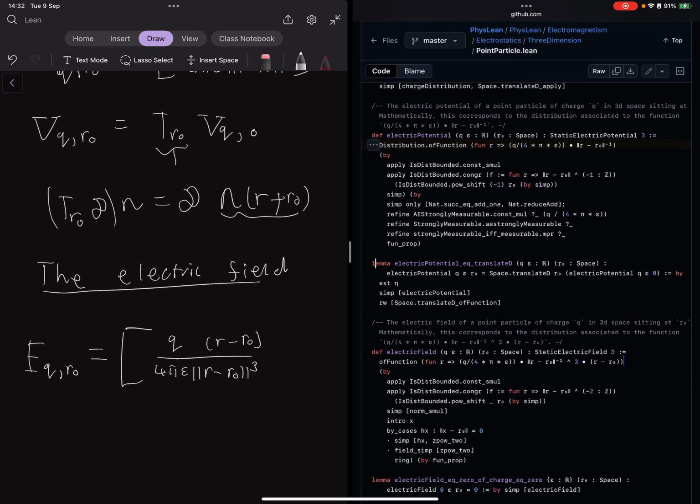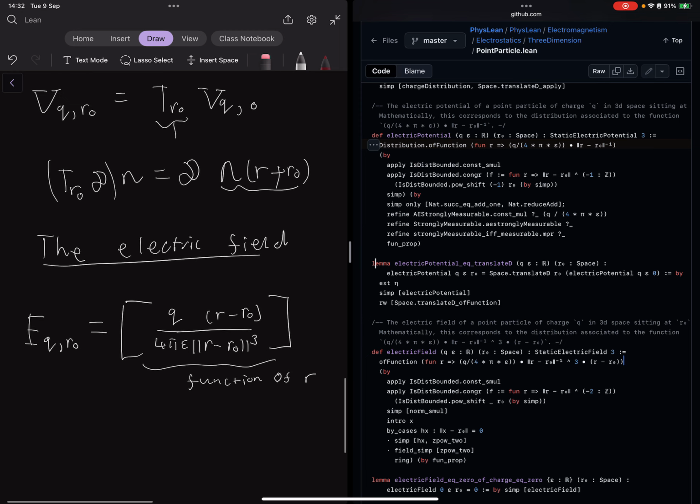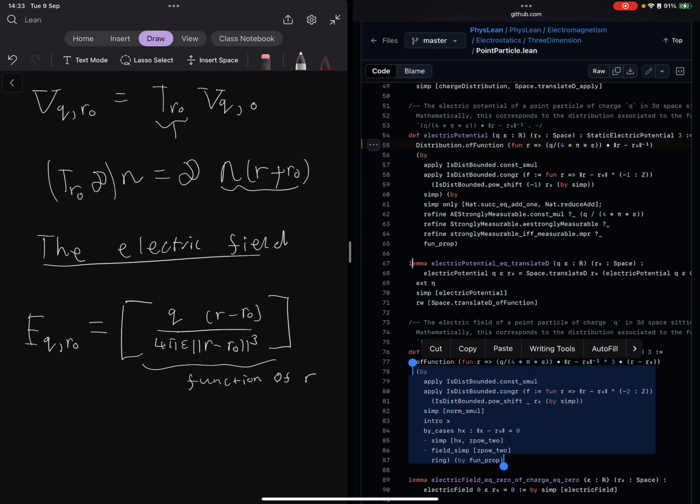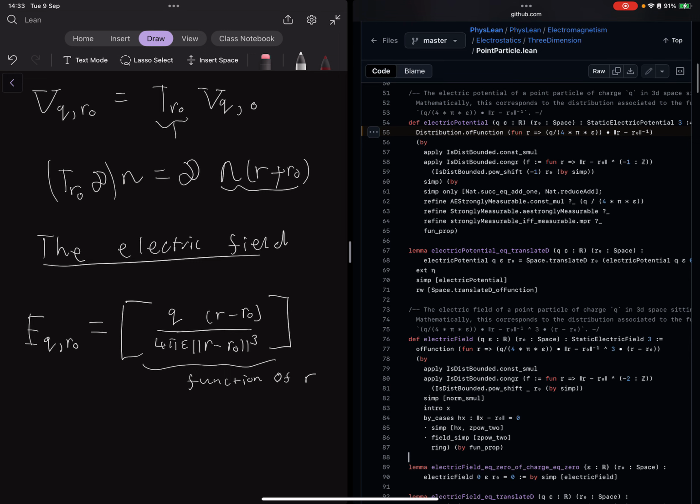So this is actually a vector quantity, and this should be considered as a function of r. So again, these couple of lines here are basically a proof that this function satisfies the necessary properties that it can be made into a distribution.